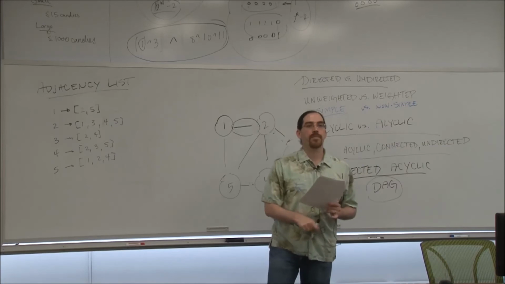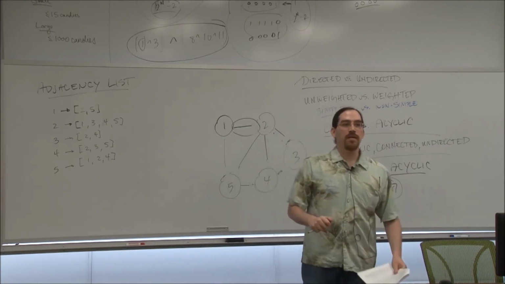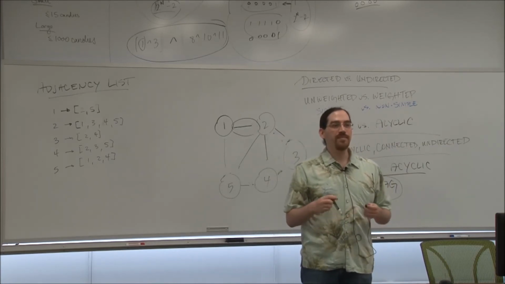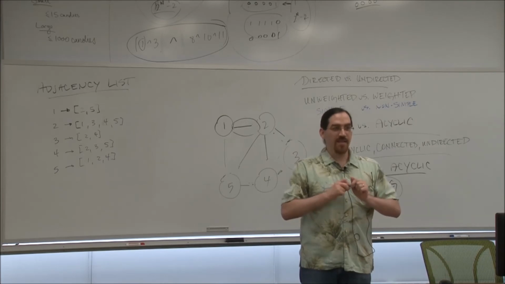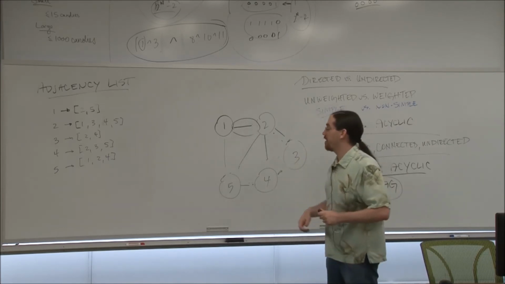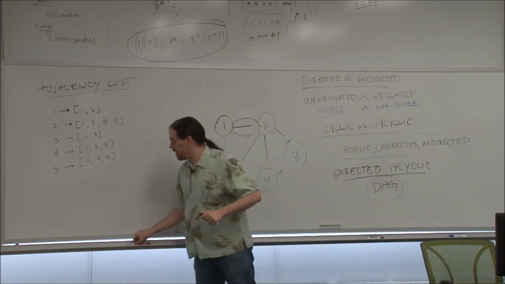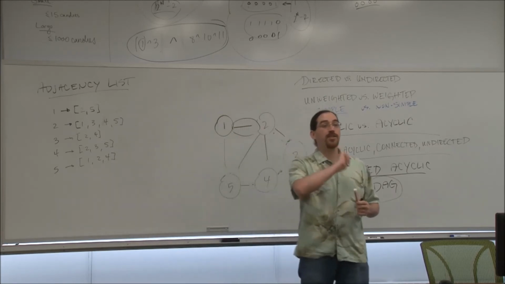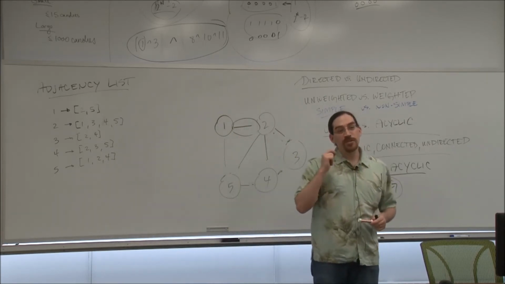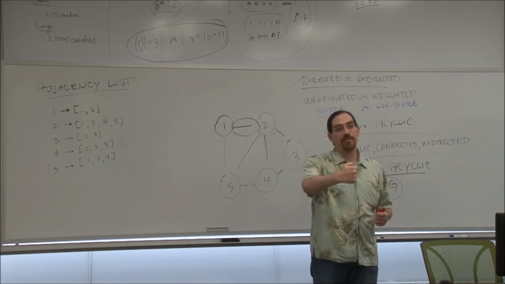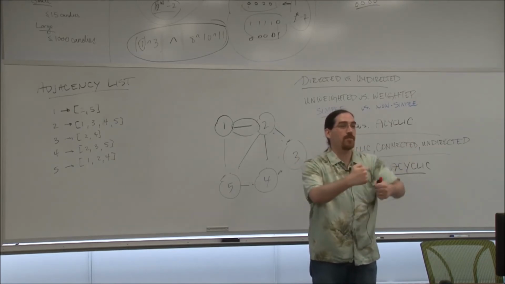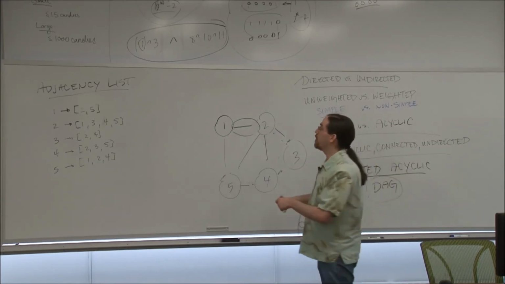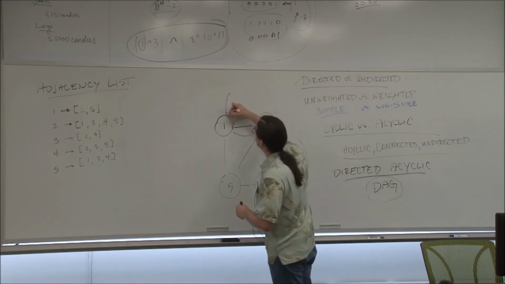Yeah? How is this different from just making a node class and storing the nodes that it's connected to? Well, when you're doing that, usually how you store the graph is with a pointer to some root node, right? So you would have a pointer to 1.